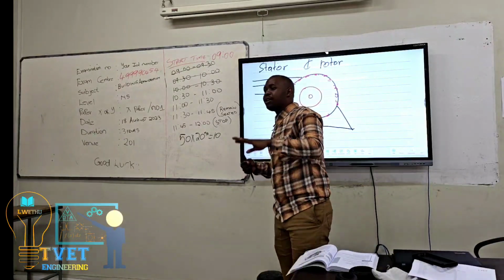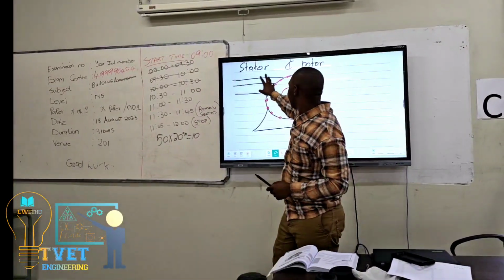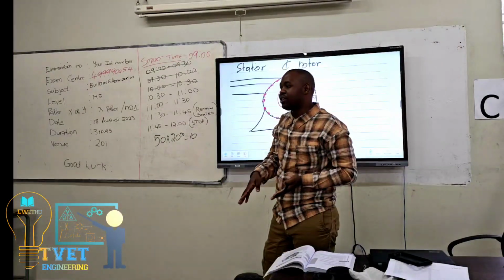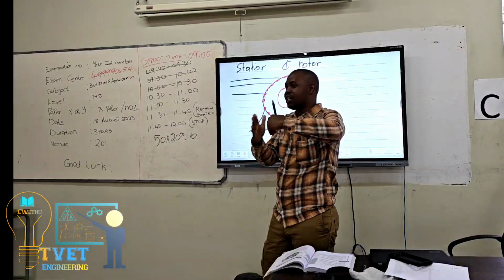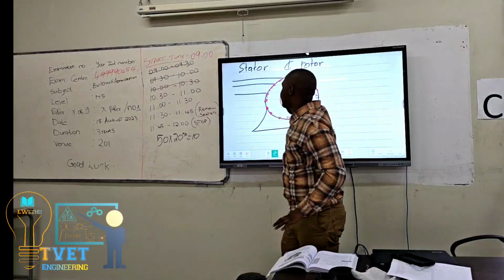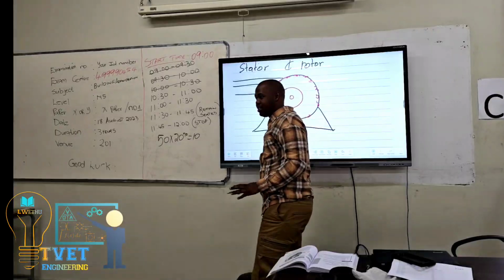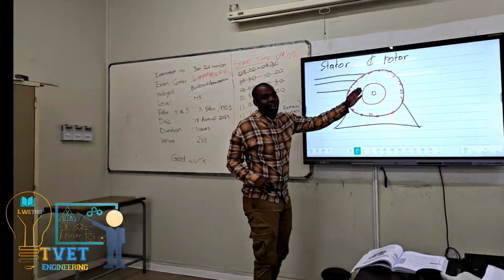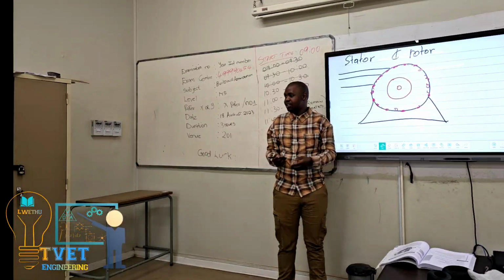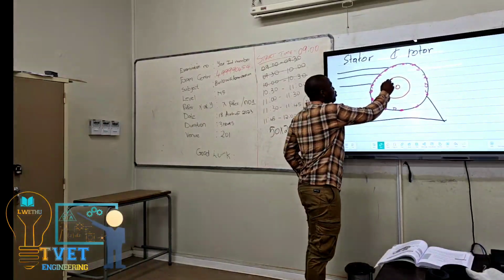Remember, in order for us to have motor action, there must be two magnetic fields, one in the stator and one in the armature. Those magnetic fields will interact and create a force. Take a squirrel cage construction, with rotor bars short-circuited by end rings.